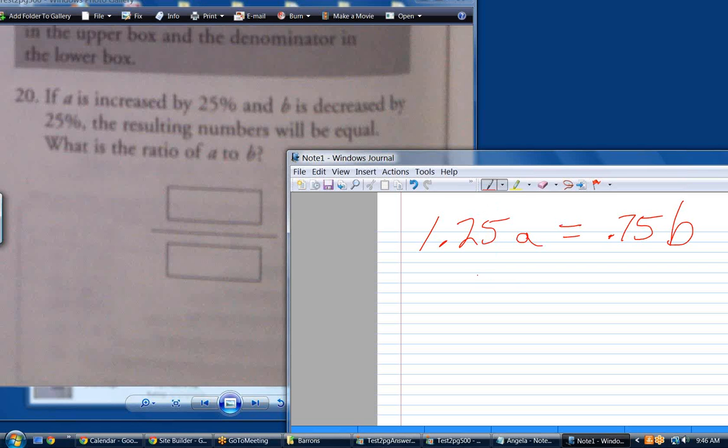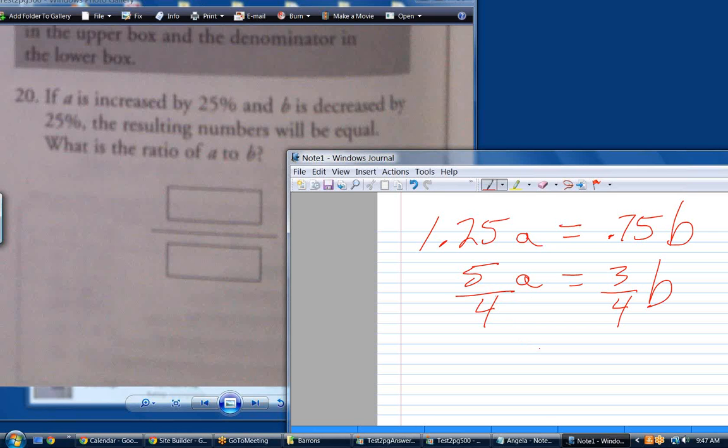Let's use fractions here, just for simplicity's sake, because they're going to want it as fractional, not decimal. So how do we find out the ratio of A to B? It would be 1.25 divided by 0.75.